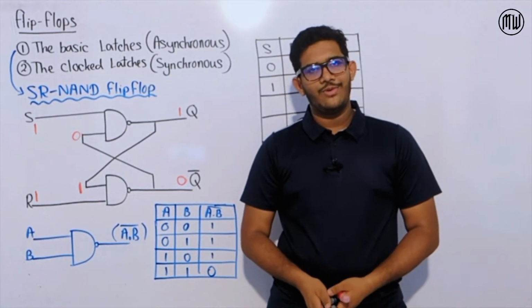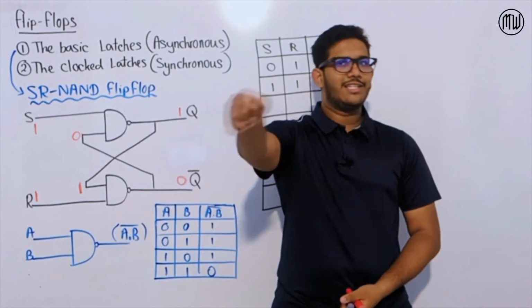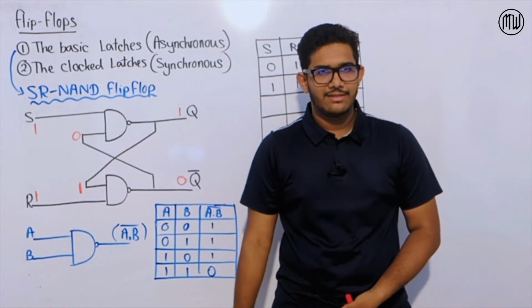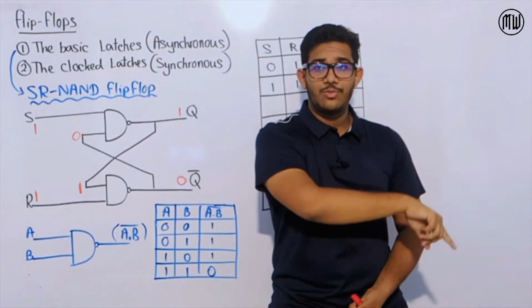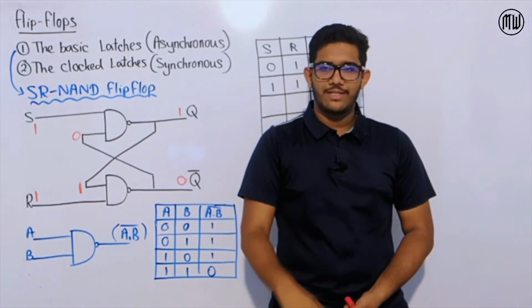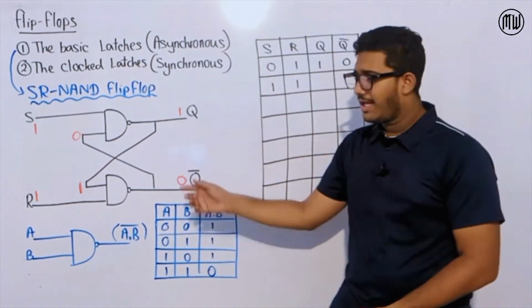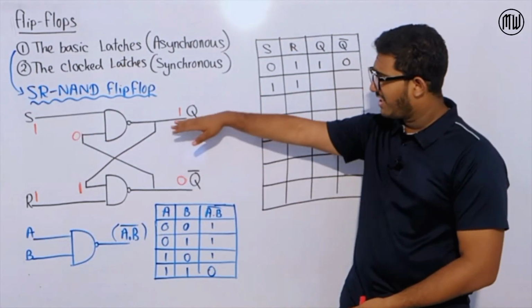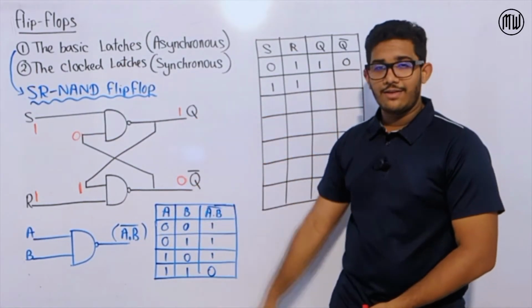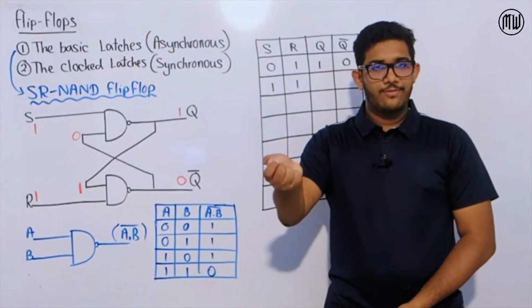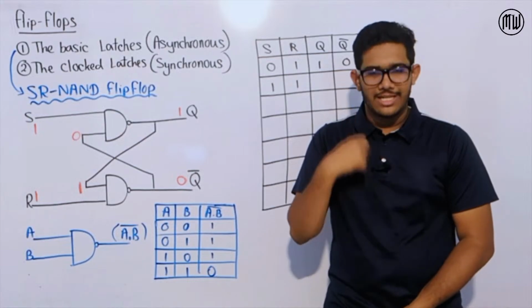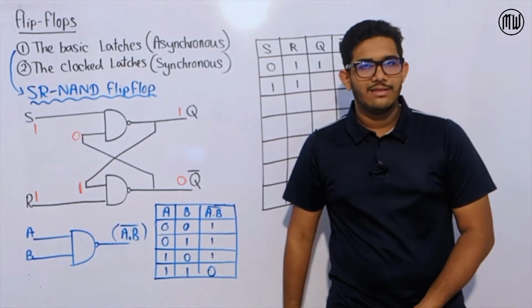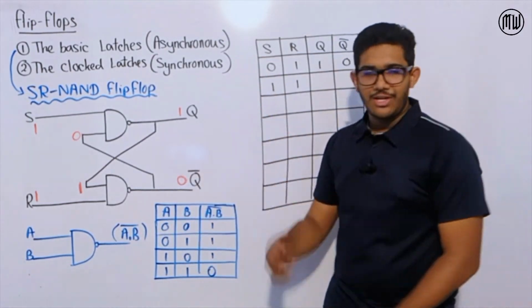If you remember Q, Q bar is supposed to be the inverse of that. Whatever Q is, Q bar is supposed to be the quite opposite of it. So if the flip-flop can remember Q, it means essentially it's remembering Q bar as well.